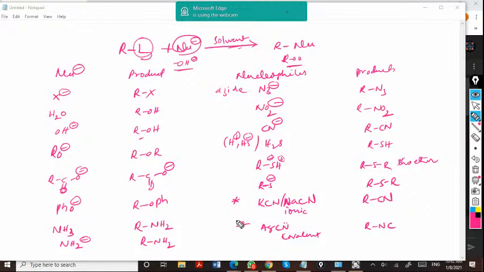Next, look into the types of nucleophilic substitution reactions.